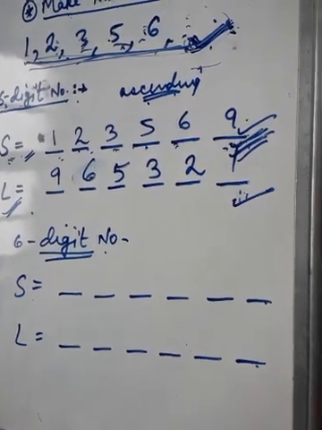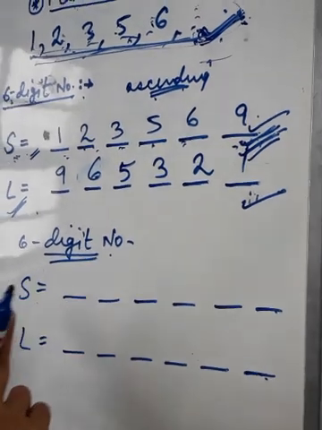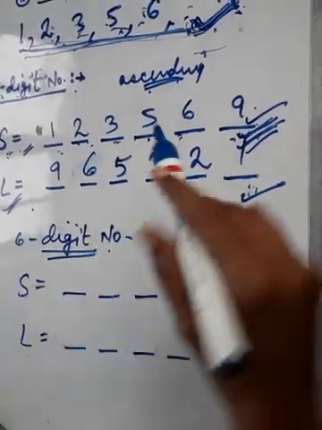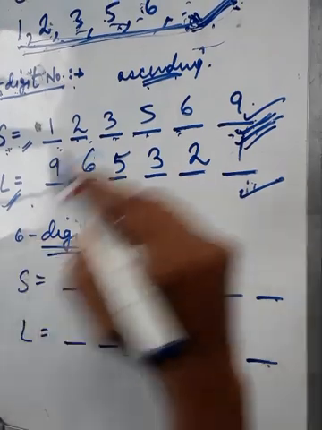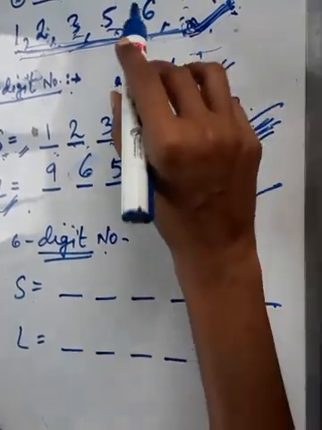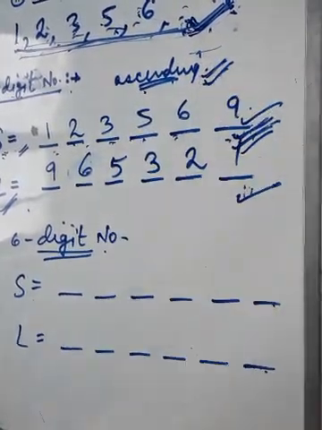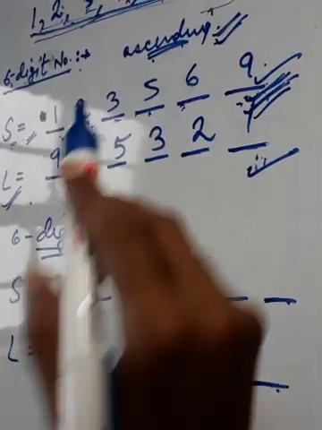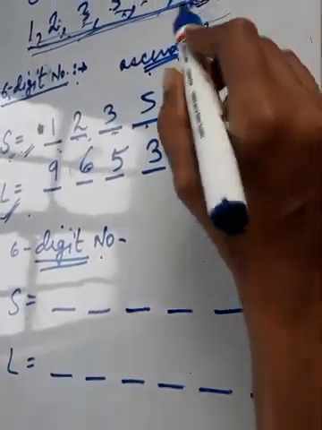So now the condition is that for students to make a smallest number, I have told you that to make the smallest number you have to arrange the given digits in ascending order. So students, you have to arrange numbers in ascending order.